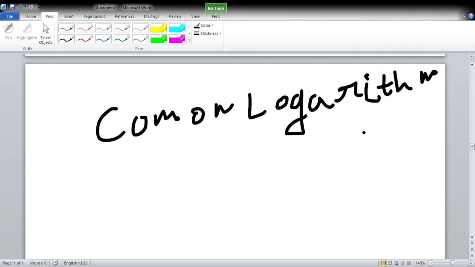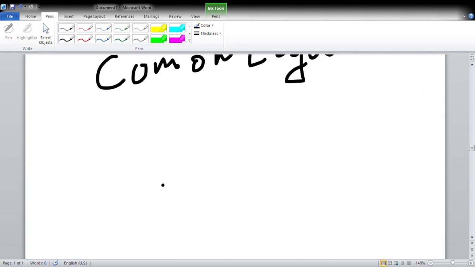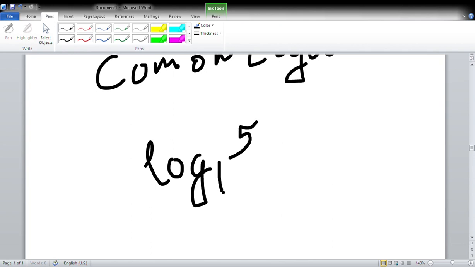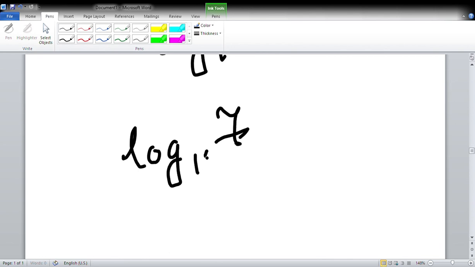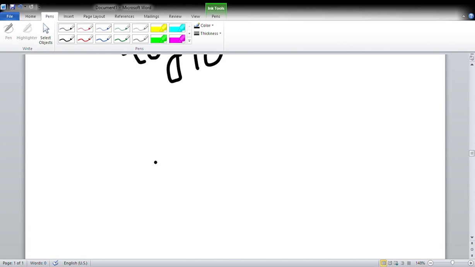Any log number with the base 10 is called a common logarithm. Suppose log of 5 with the base 10 is a common logarithm. Log of 7 with the base 10 is a common logarithm.